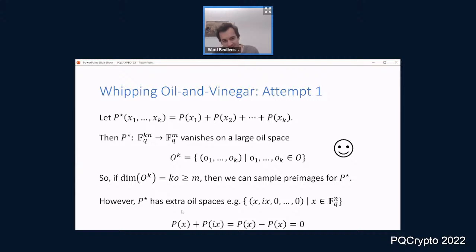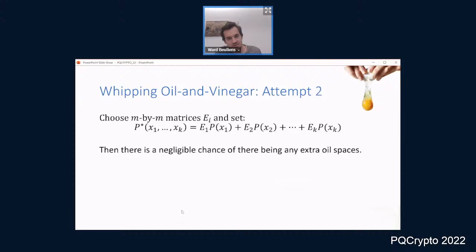So I think of this as trying to whip up oil and vinegar, mix it and make it bigger, but of course oil and vinegar doesn't mix well, so it just collapses again and you don't win anything. So the solution is of course to add some eggs to bind the oil and the vinegar to make a nice homogeneous sauce. The way we do this is we add these egg matrices.